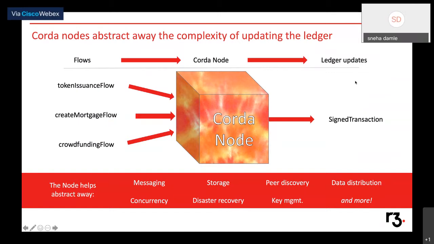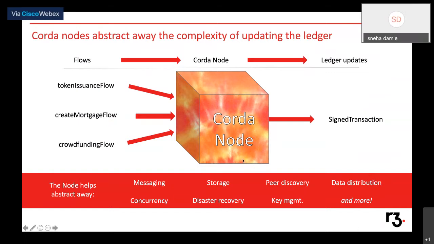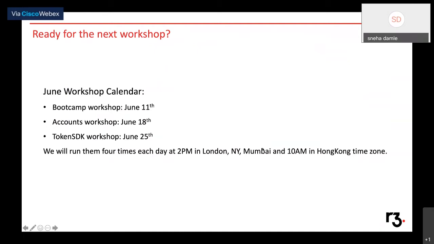All of this is completely abstracted for you by the Corda node. In this way, the node servers hide all the horrors of distributed systems, cryptography, and database management from the user. That's pretty much about how Corda nodes abstract away the complexity of updating the ledger.